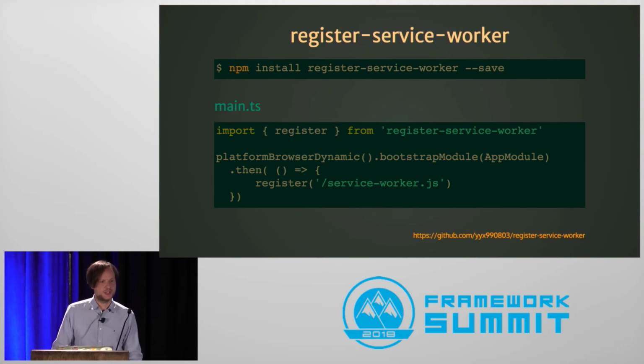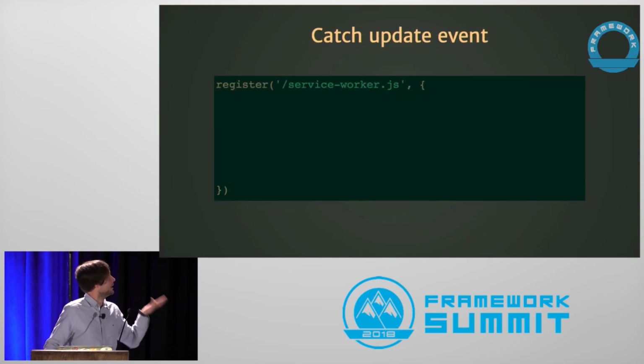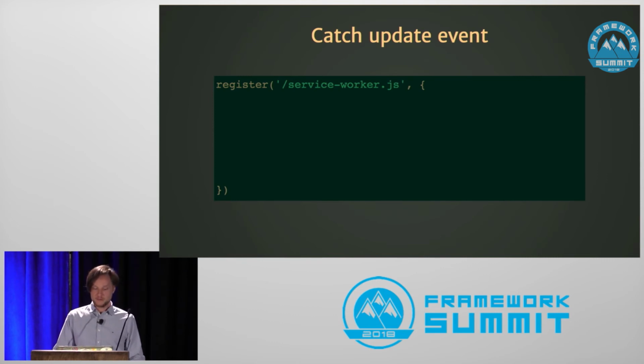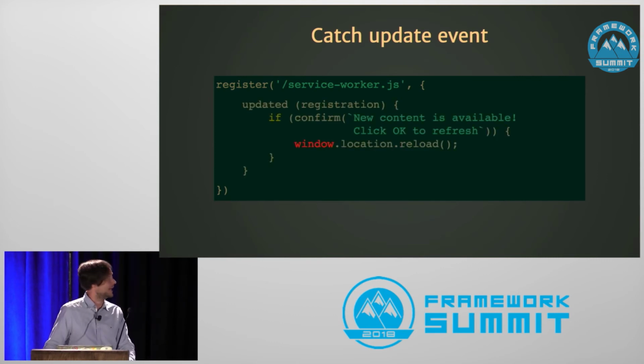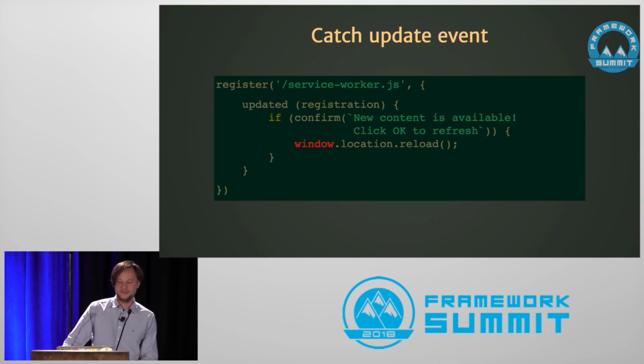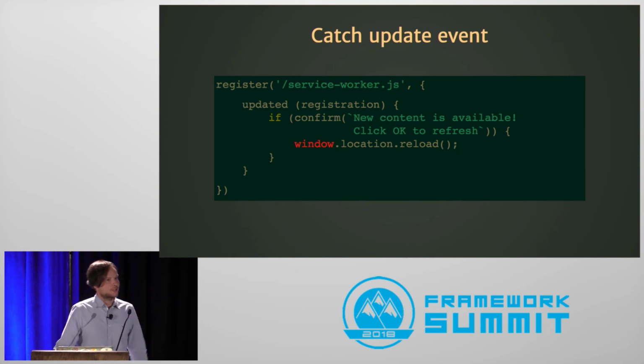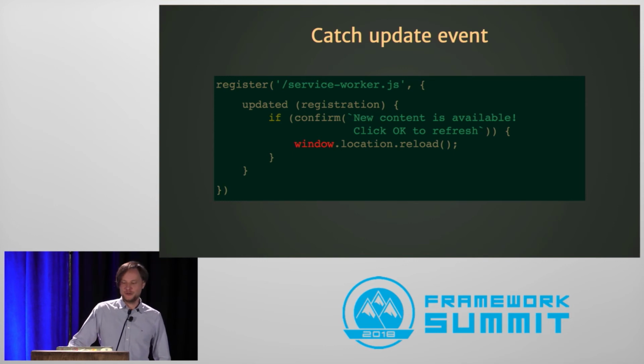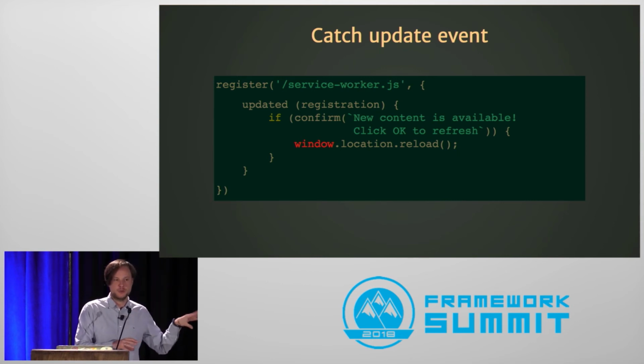But how do we catch this moment when the service worker was updated and most likely the app itself was updated? This method, register, exposes some useful callbacks for us, and one of them is called updated. And in my very naive sample, we just show a native confirmation window informing our user that a newer version of the application is ready to be served.